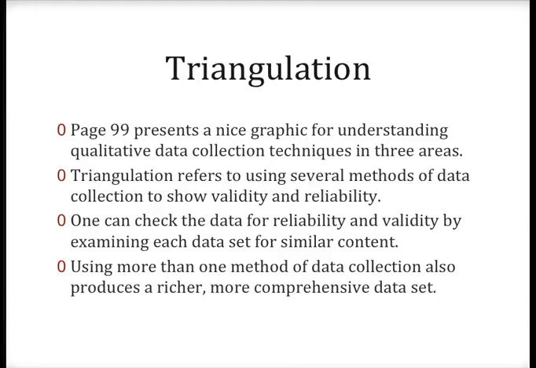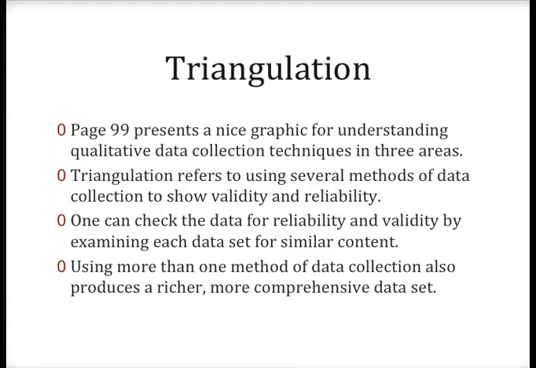That way, you can check your data for reliability and validity by examining each data set for similar content. If it's valid and reliable, that means you've asked the same questions, so you should be showing some data that's similar in each one of those data sets. And if you don't, then there's something that's off a little bit.